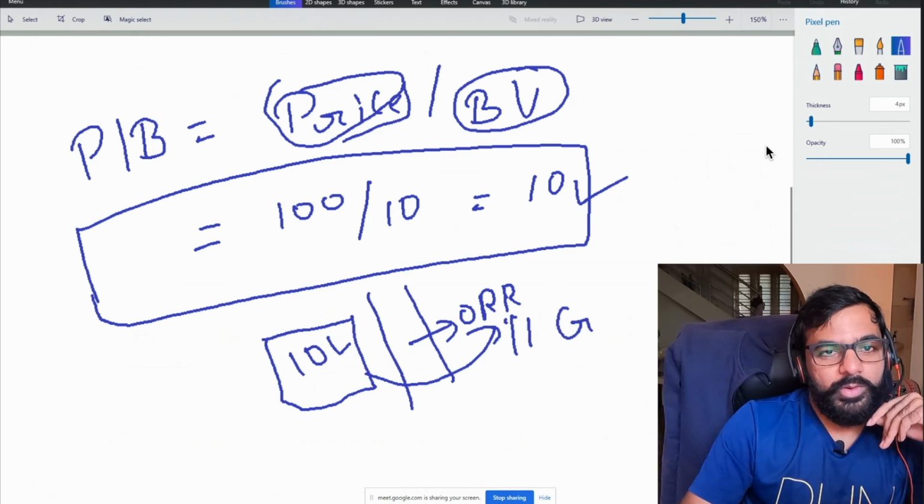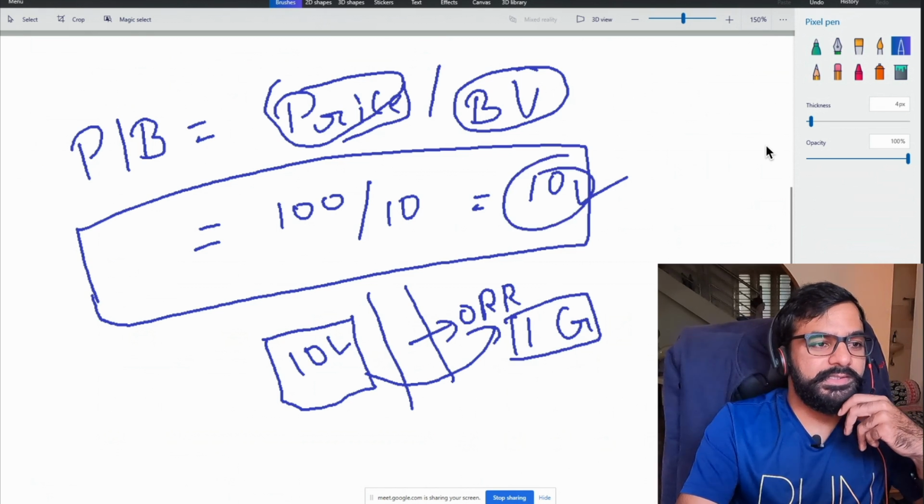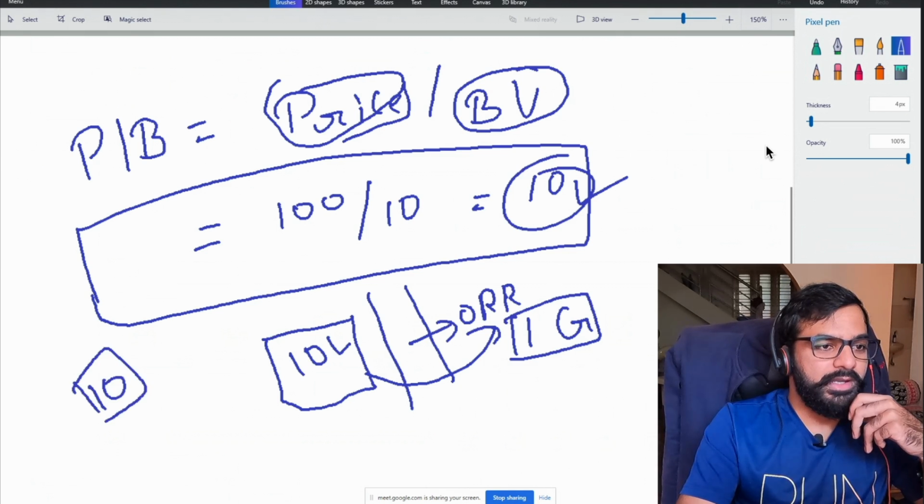You are understanding what this 10 signifies? Exactly. It means the current value of the company is 10 rupees, but you are paying 100, that is 10 times the value.